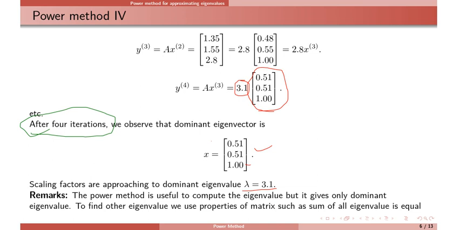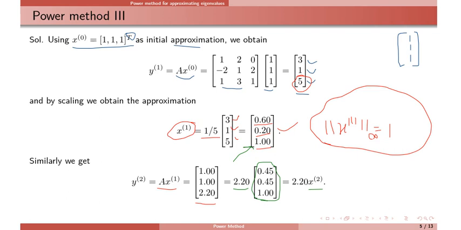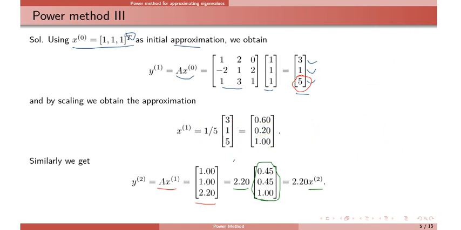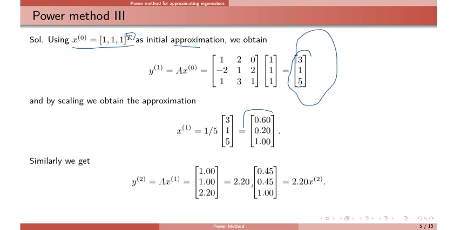So you can go back. Okay, so if I stop at the first iteration, then 5 is the largest eigenvalue, and this is the eigenvector.